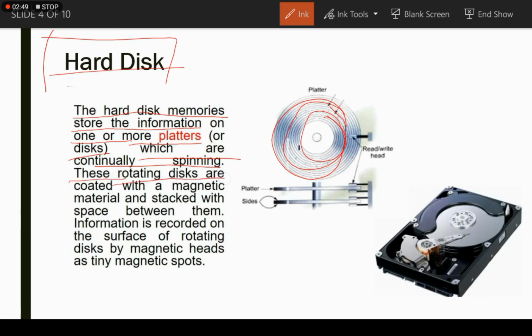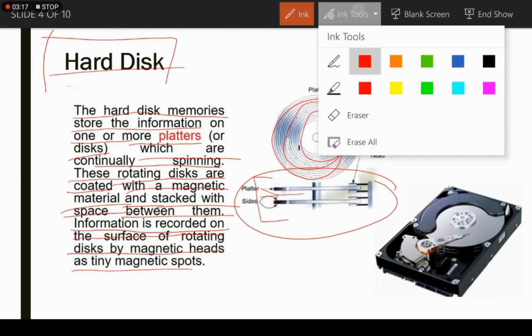These rotating discs are coated with a magnetic material and stacked with space between them. There are two platters with some space, connected to a single hard disk. Information is recorded on the surface of the rotating disc by magnetic heads.